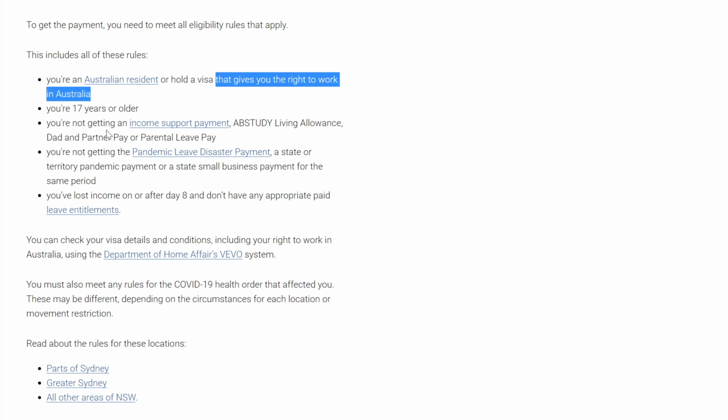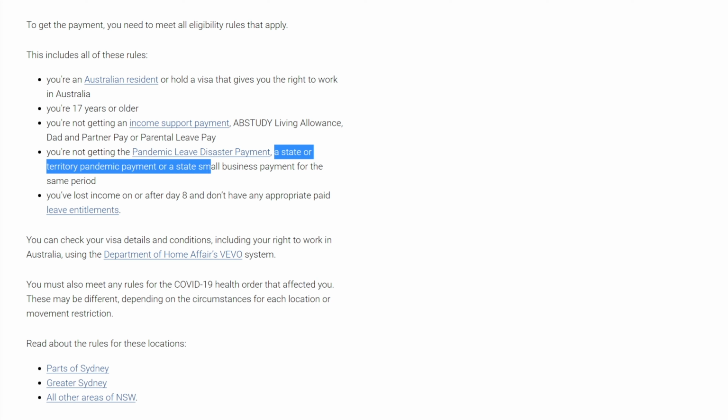older, and you should not be getting any income support payment, ABS study living allowance, partner pay or parental leave pay, and you should also not be getting pandemic leave disaster payment. This is different from COVID-19 disaster payment. The pandemic leave disaster payment is given out to those who had to self-isolate or take care of someone due to COVID-19, and you should also not be getting any state or territory pandemic payment or state small business payment.